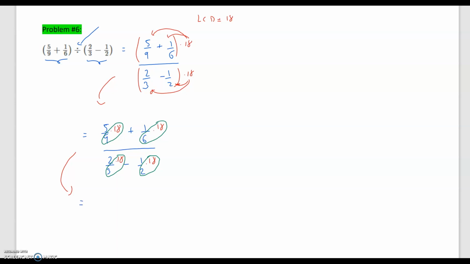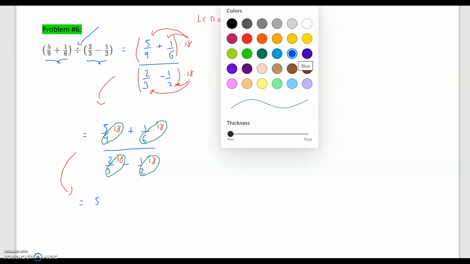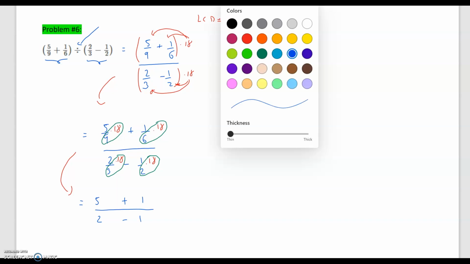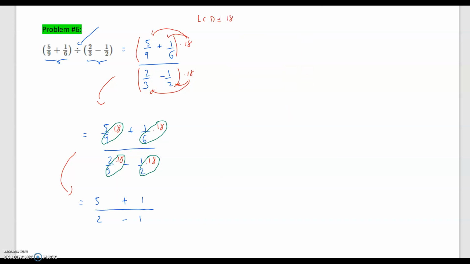So we're going to be left with the values of 5. And let me write in green. Actually, let me just rewrite what doesn't get canceled. So technically you'll have the 5, the 1, the 2, and the -1. And I'm going to write in green the divisions. So 18 divided by 9 is equal to 2.